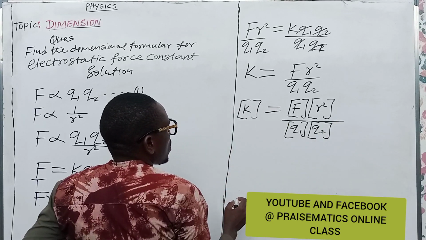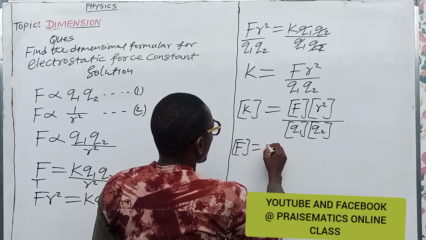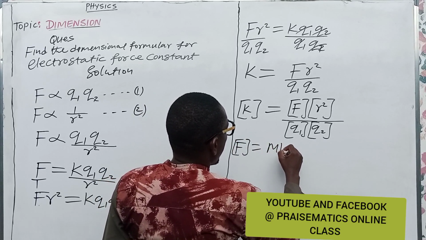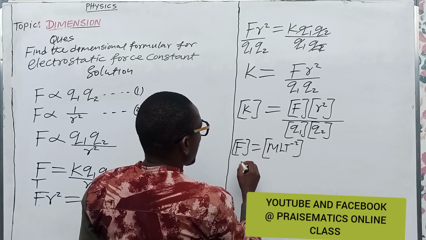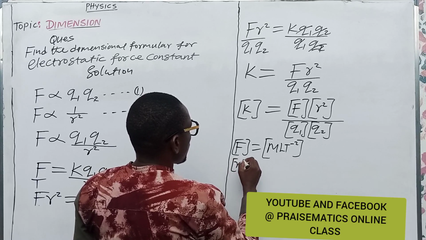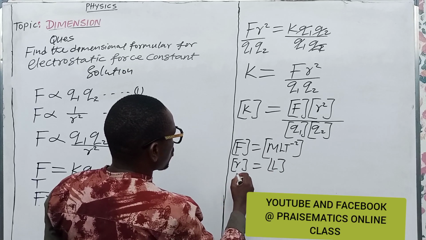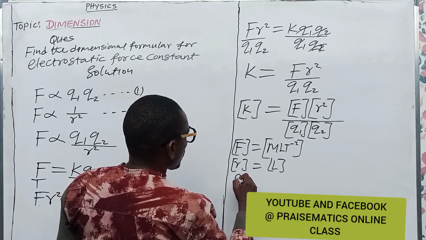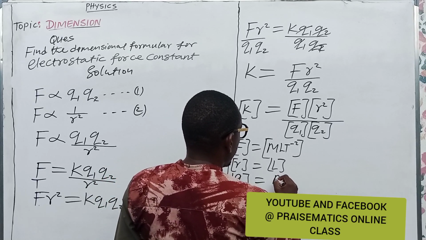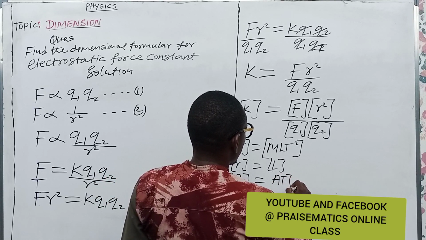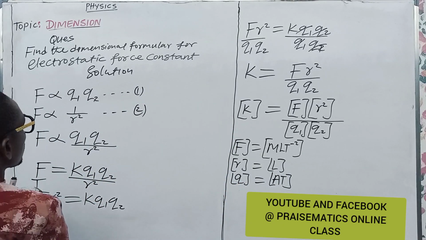Now remember that the dimension of force is equal to M L T to the power minus 2, the dimension of r is equal to L, and the dimension of charge is equal to A T. So now let's substitute directly and get what we want.